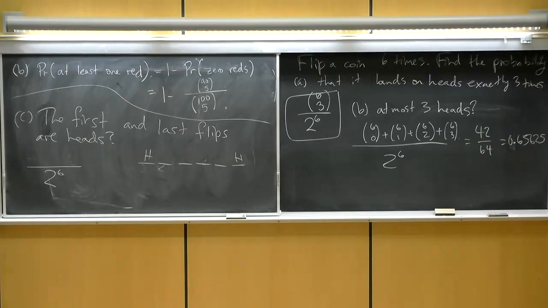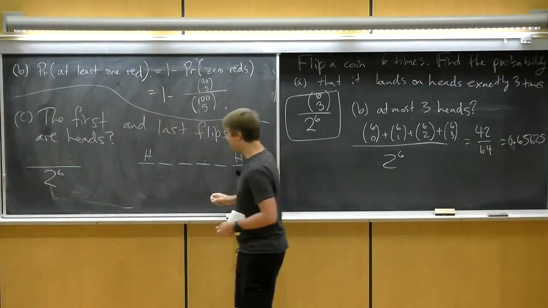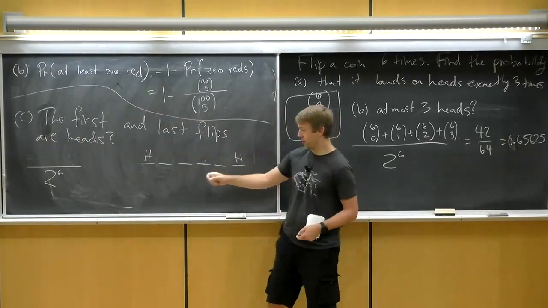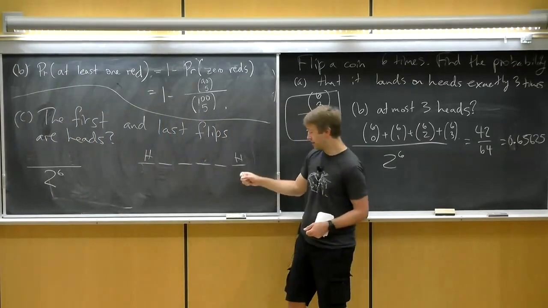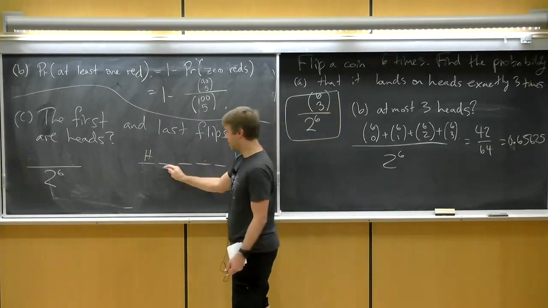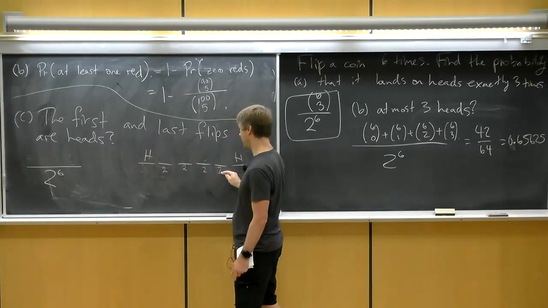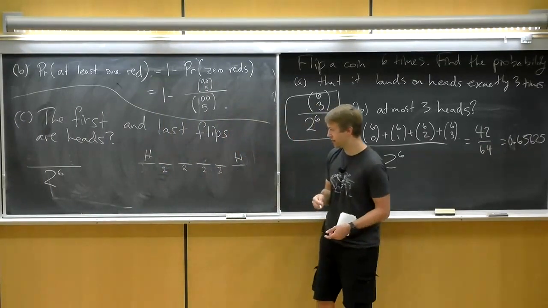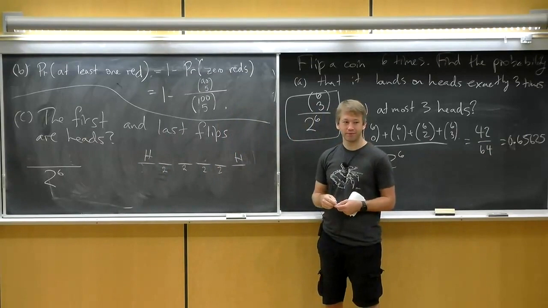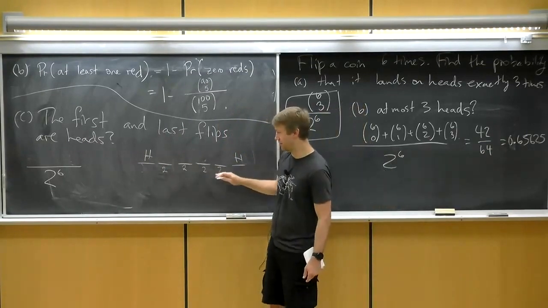So this one's going to be easier than that. If I kind of lock in and say the first one's heads and the last one's heads, then for each of the interior flips, the second, the third, the fourth, and the fifth, there's two choices for each of them. So it does just boil down to 2 times 2 times 2 times 2.